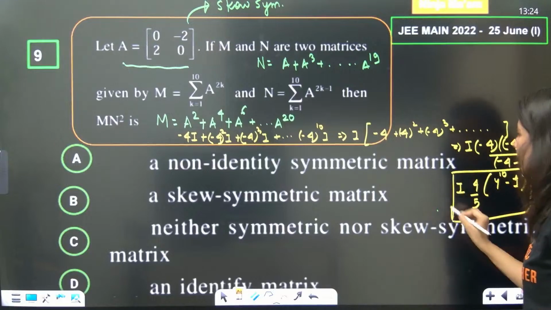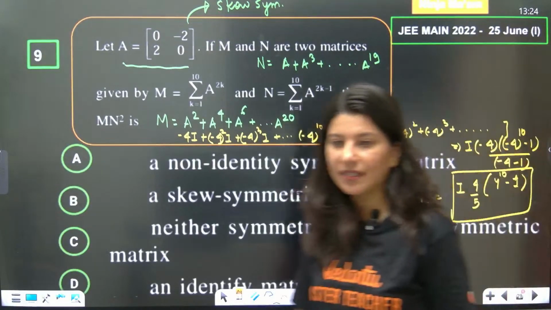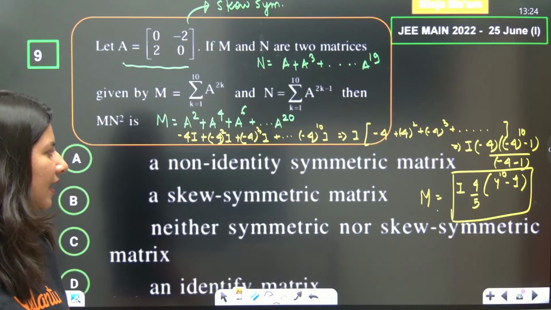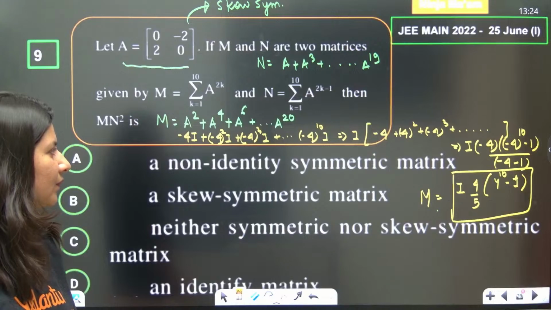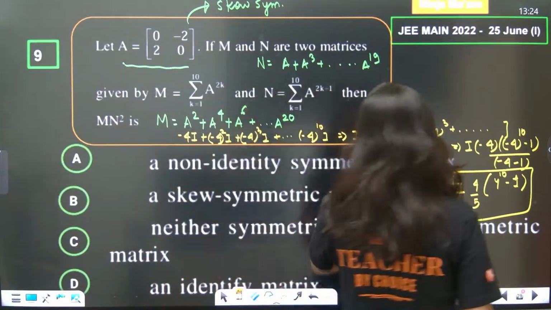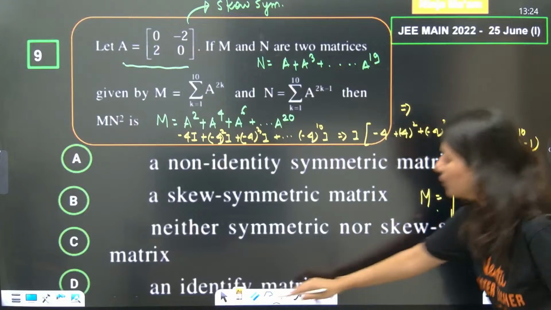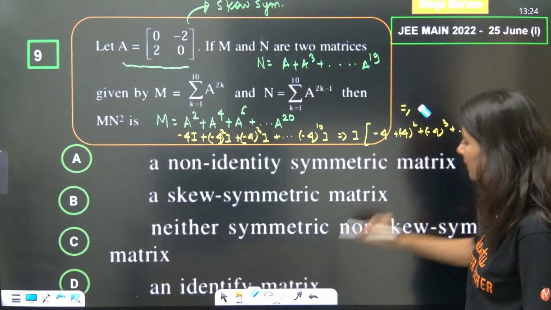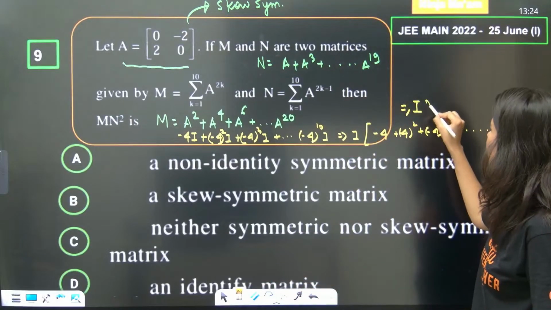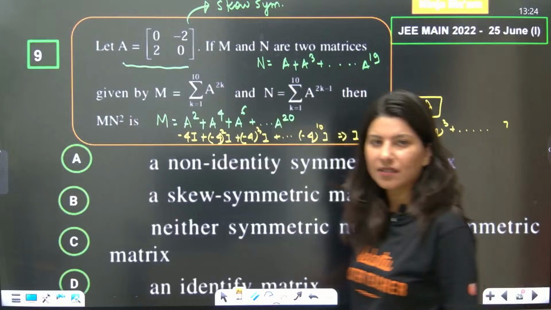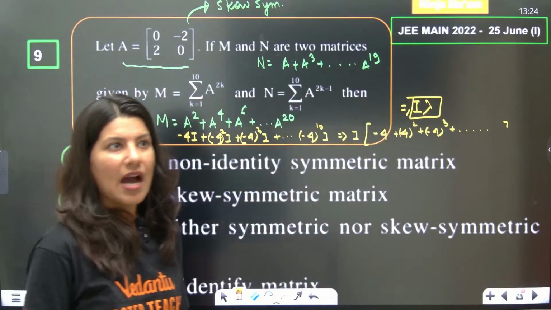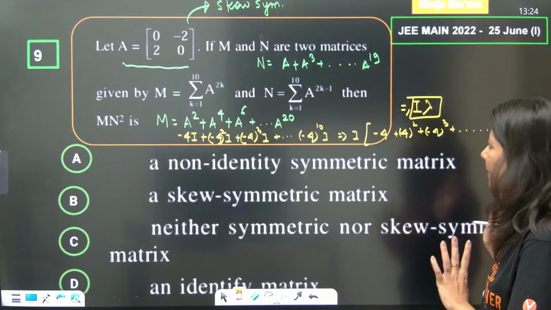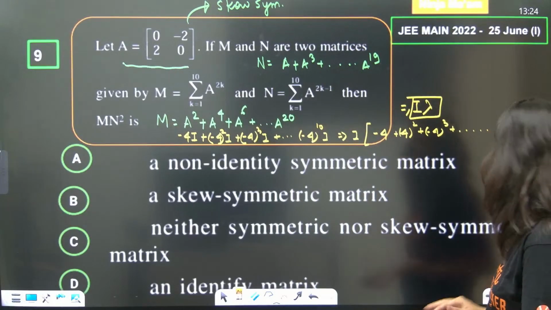This is your M. Or you can say it is identity matrix into some constant; you don't have to solve it because they are not asking about the value. So M is lambda times the identity matrix.